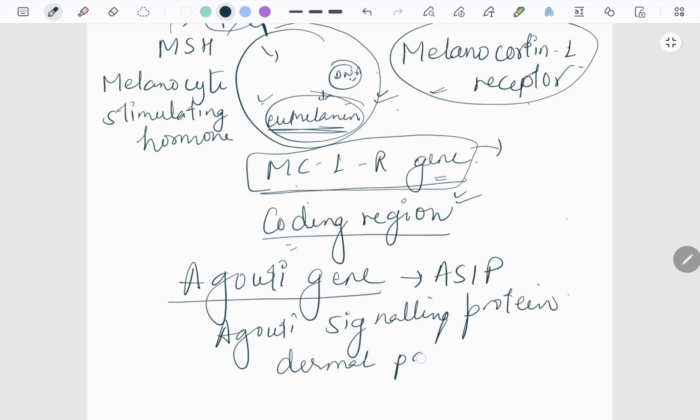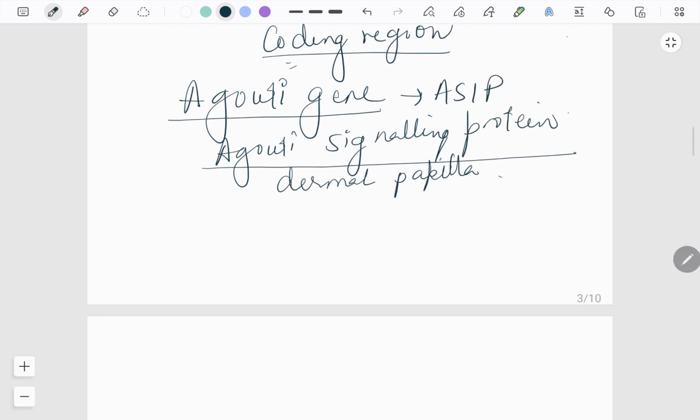See, the skin is an organ having different parts: epidermis, dermis, hypodermis. In the dermis there are dermal papilla around the hair bulb, the hair follicle end, right? Those things we are not going to study right now. I am simply saying that agouti signaling protein is an extremely important protein.